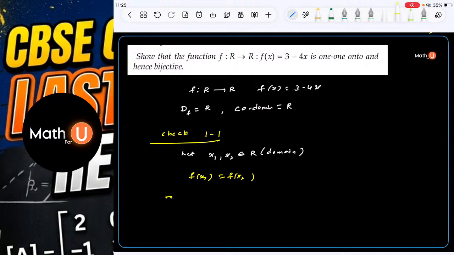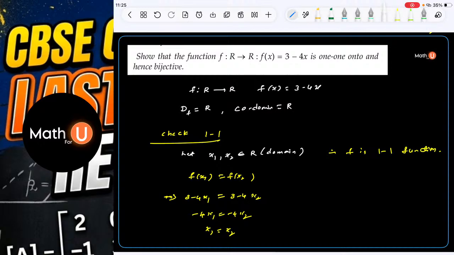Then f of x1, nothing but 3 minus 4x1, is equal to 3 minus 4x2. 3 gets cancelled, we get minus 4x1 equal to minus 4x2. Divide by minus 4 on both sides, we get x1 equal to x2. Therefore f is a one-to-one function.